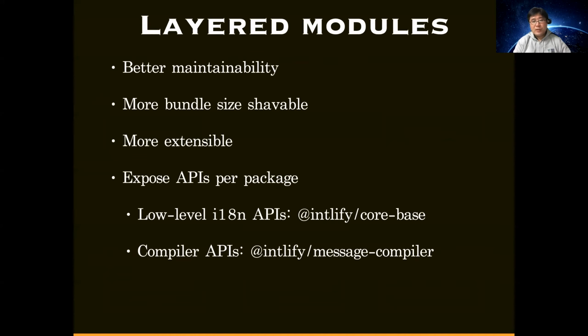In addition, each module is implemented in a way that conforms to the ES module, so that tree-shaking is enabled in the bundler. This means that APIs that are not used in each package can be removed at bundling to reduce size.